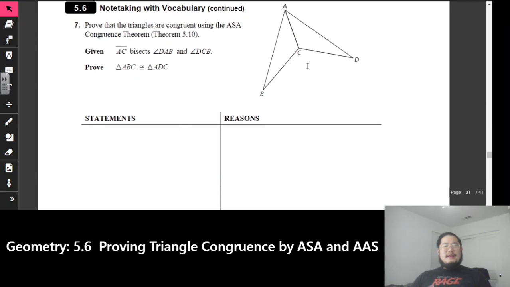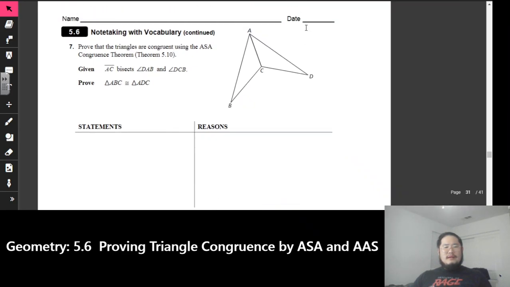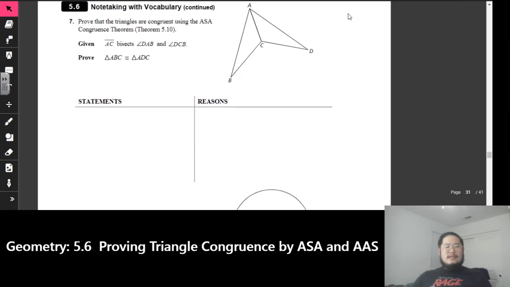Okay. Let's go next to number 7. We're going to do some proofs here. It says we're going to prove the triangles are congruent using the angle, side, angle congruence theorem. We have to start off with AC bisects angle DAB. So segment AC bisects DAB.